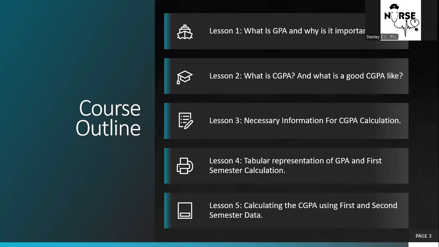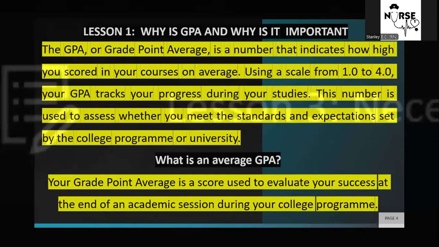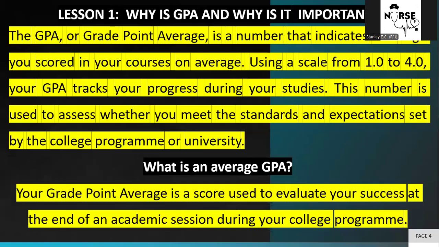So let's begin very quickly with lesson number 1. What is GPA and why is it important? The GPA or grade point average is a number that indicates how high you scored in your courses on average, using a scale from 1 to 4.